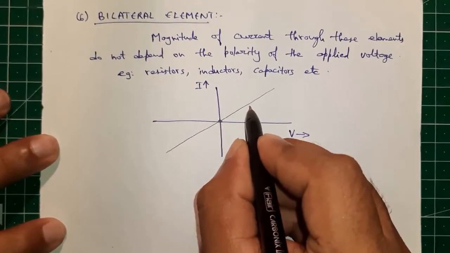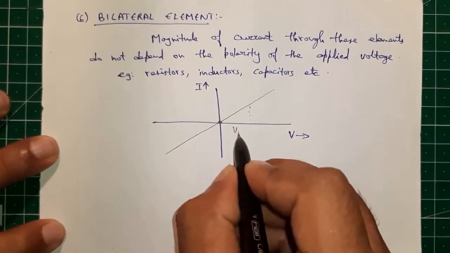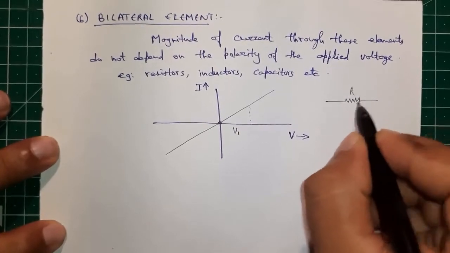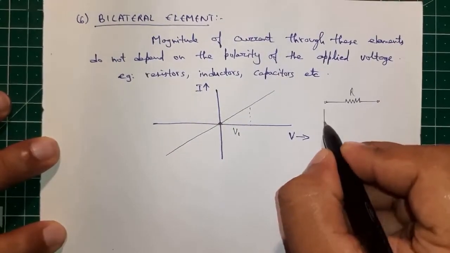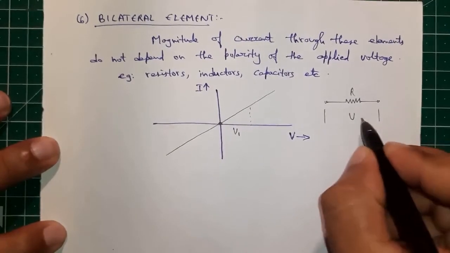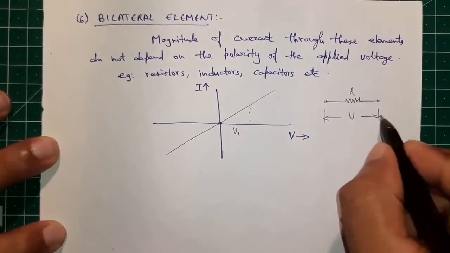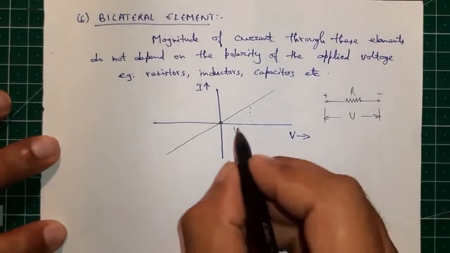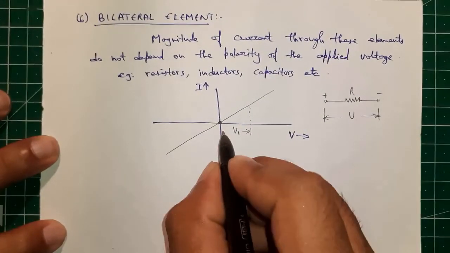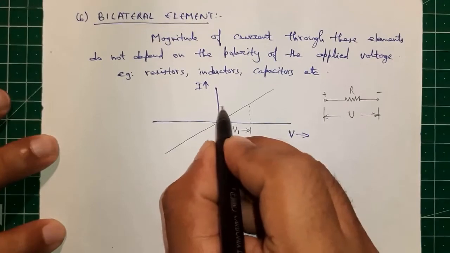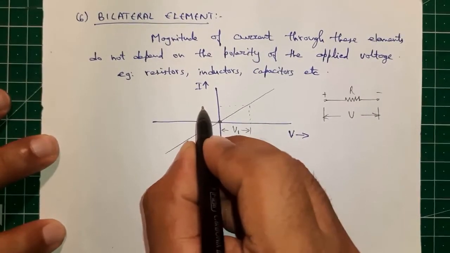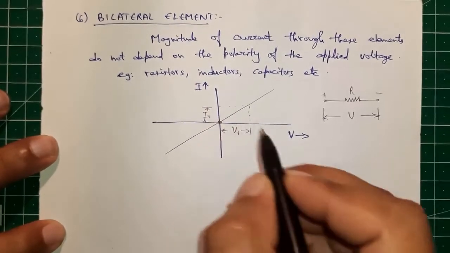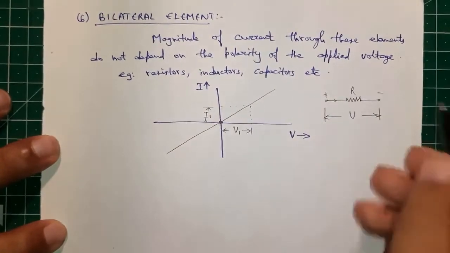So we apply a voltage, say V1, across this resistor, say R. Applying a positive voltage V1, we get a current I1 having this much magnitude, in the positive direction.